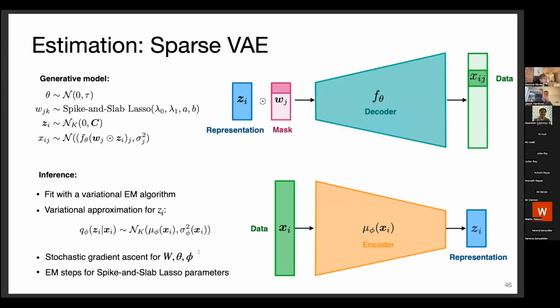So we use the same variational approximation for Z_i as a usual VAE, and we use a variational EM algorithm for optimizing the parameters of the spike and slab lasso, the theta and W. So we do stochastic gradient ascent for the W and the parameters of our neural network, and have these EM steps for the other parameters in the spike and slab lasso here.